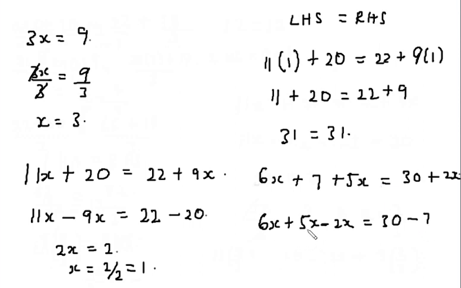So the 6x plus 5x is 11x, minus 2x, which is 9x. So we have 30 minus 7 is 23. Okay, so dividing both sides by 9, we have x is equal to 23 over 9. So that's the value of x. You can check that the left hand side equals the right hand side.